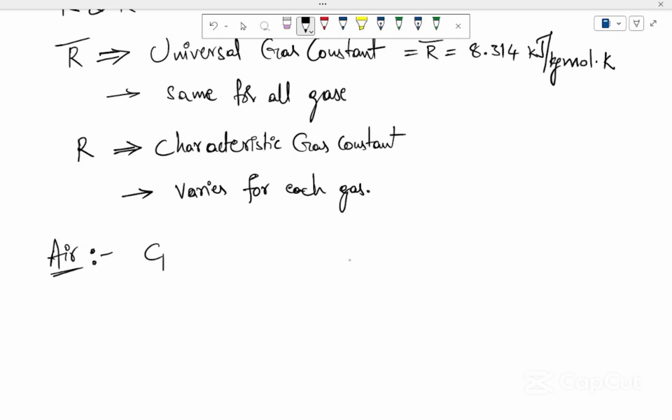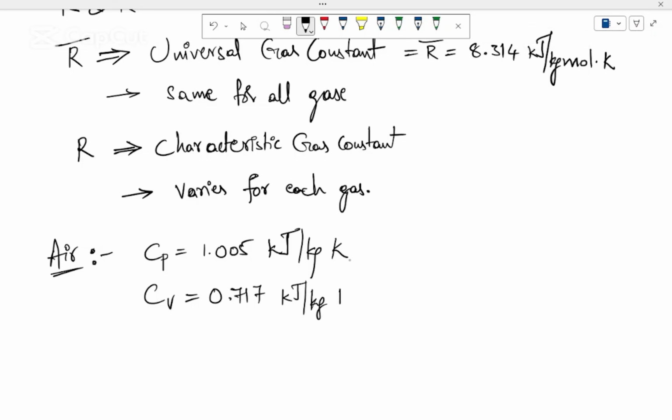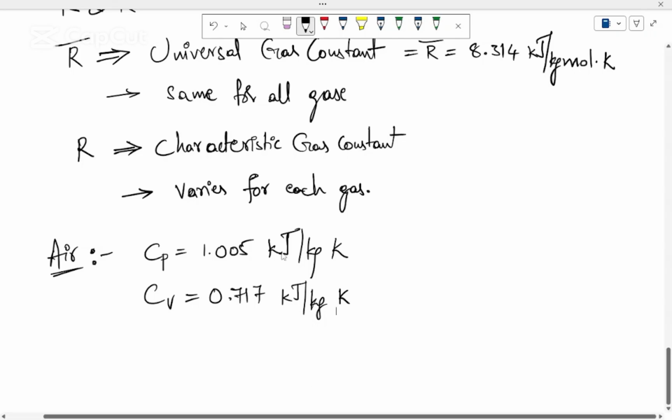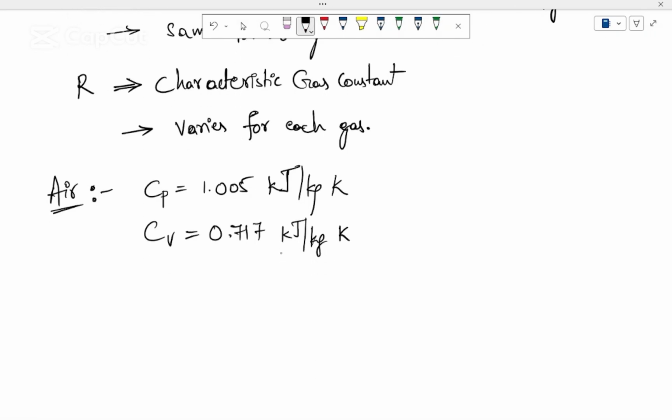The Cp value must be known to you by now. The Cp value for air is 1.005 kilojoule per kg Kelvin, the specific heat at constant pressure, and the Cv value, the specific heat at constant volume, is 0.717 kilojoule per kg Kelvin.